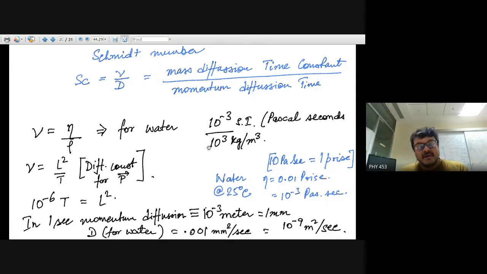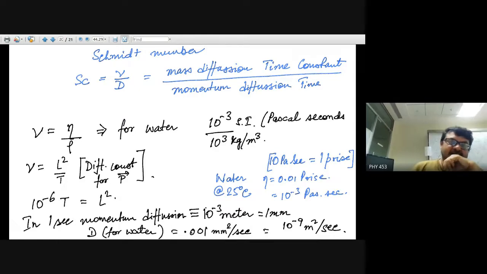Rho for water is 1000 kg per meter cube. That's the density of water, right? And you can check that nu has dimensions of L square by T. Just check it out for yourself, right?